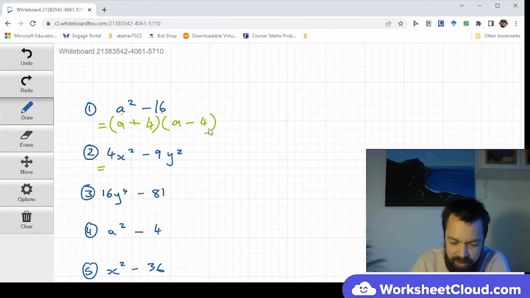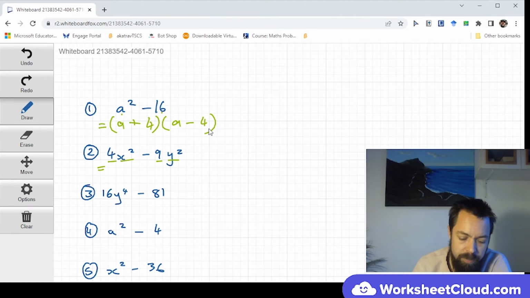All right, so I'm looking at these two terms. Now you'll notice that this time I've got coefficients in it. That's the whole number in front of the variable. I've got to check that this is a square and this is a square, this is a square and this is a square. So these are both squared, so the whole thing is a square. If I had this, that is not a perfect square, because although that part is a square, that is not.